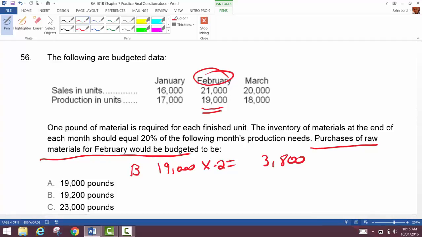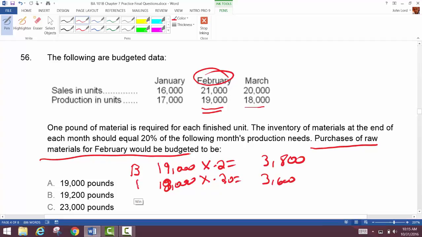Do I need to produce some? And we also have to have 20% of 18,000 for the month. Okay, 20% of next month is what we have to have available, okay? Which is 3,600. Okay, 18,000 times 0.20 is going to be 3,600.